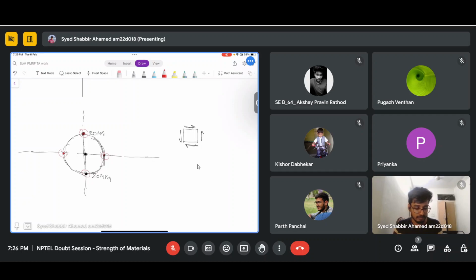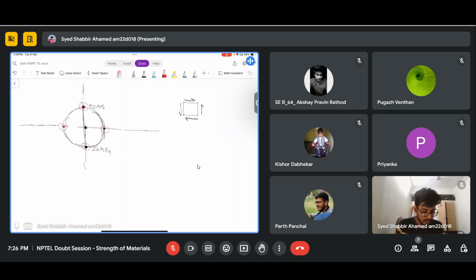Here you can simply say that we don't need any extra calculation. You can simply see that if this is 20 and the origin is the center, this will also be 20. So sigma 1, which is the major principal stress, you can simply write, or we can use a formula also.